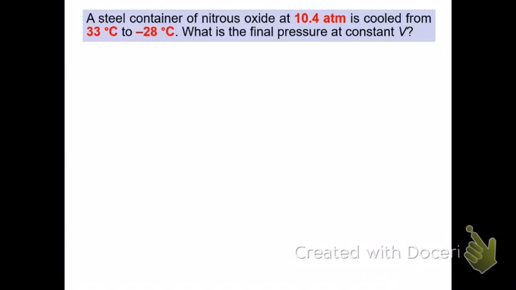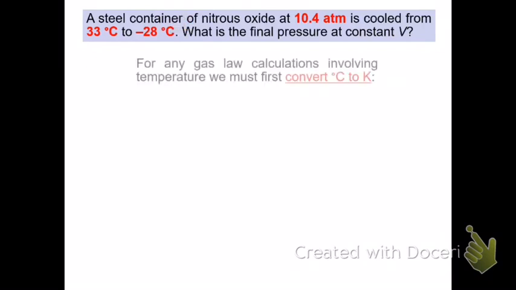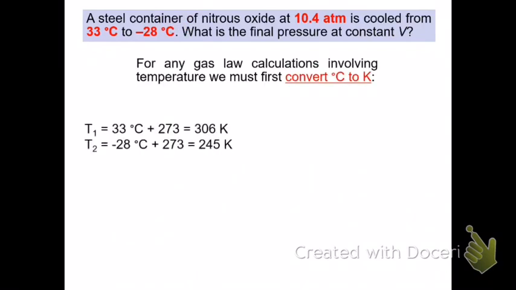So you're given the initial pressure in atmosphere, you're given the initial temperature, 33 degrees Celsius, and the final temperature is negative 28 degrees Celsius. So you would expect the pressure to decrease as well because you're decreasing temperature. So this is what's given, and you want to convert the temperatures to kelvins first.